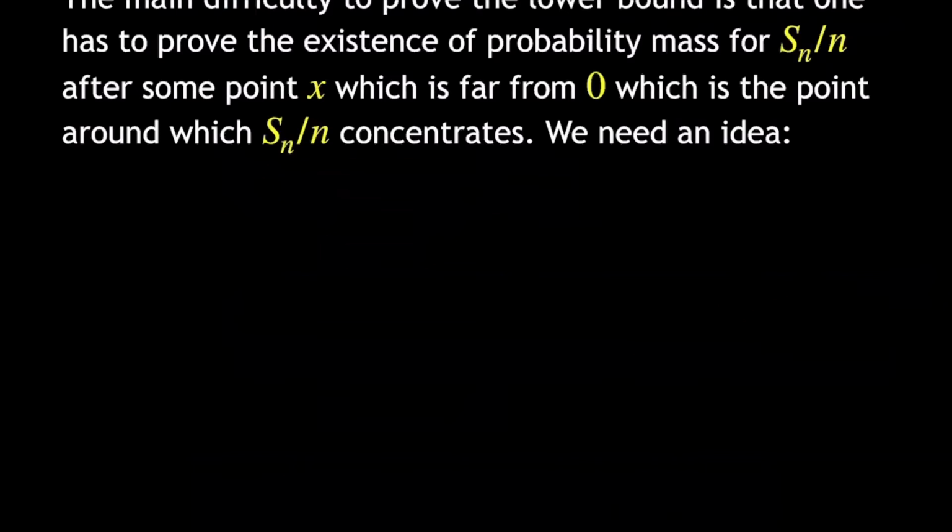So what we have in mind is that Sn over n has values which are concentrated around 0. And you want to look at the probability that Sn over n belongs to some interval which is far from 0, which is x plus delta, and x is far from 0. So this is not easy, this is not obvious. So how can we do that? We need an idea.